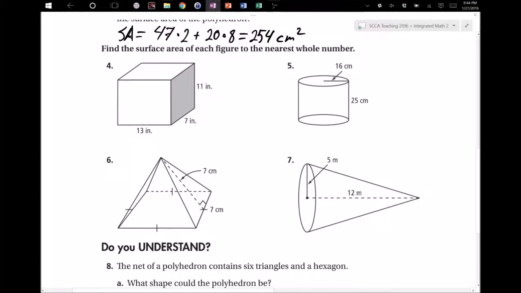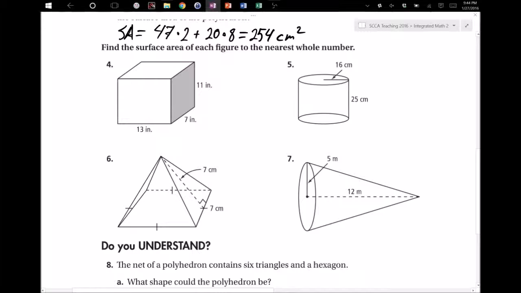All right. So up next, the next problem says surface area. Find the surface area of each figure to the nearest whole number. Okay, so what we have here is a prism. So what is the surface area of a prism?